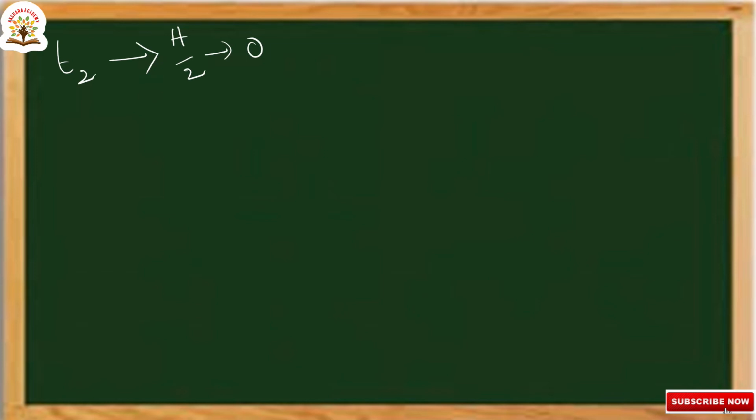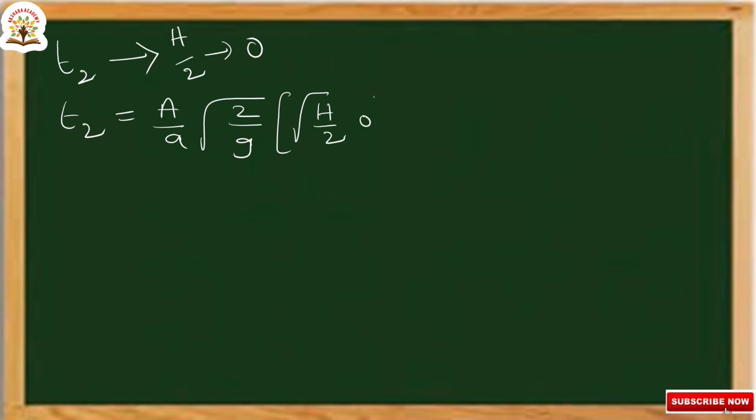Now we are writing T2 is equal to A by a root of 2 by g of root H by 2 minus 0.